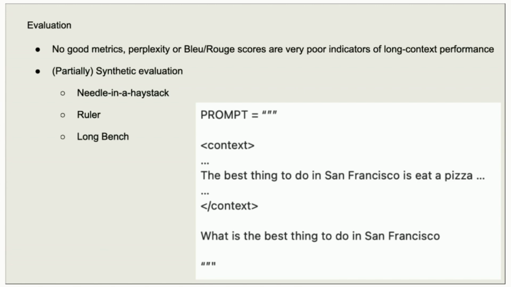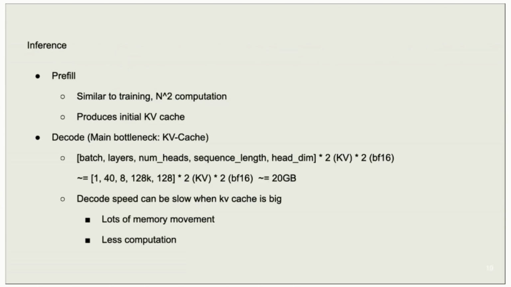So you're basically asking the model to retrieve a certain fact from a synthetically generated corpus and testing whether the model is able to get it right. It's mostly used for all the long context evaluations like GPT-4 and Claude. If you publish a paper, it's very easy to see this kind of evaluation appear in the long context section of the paper.